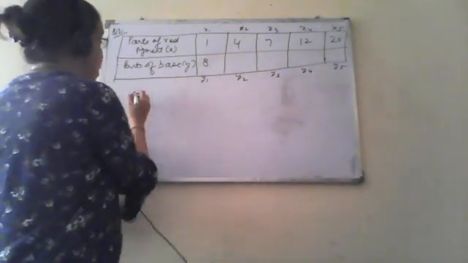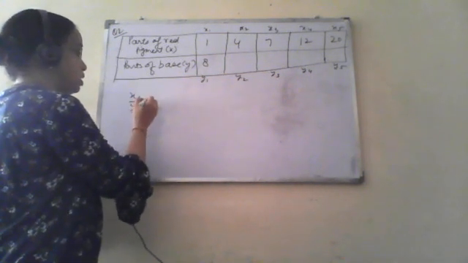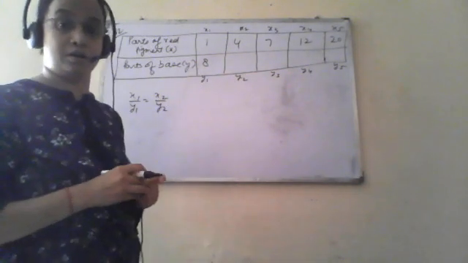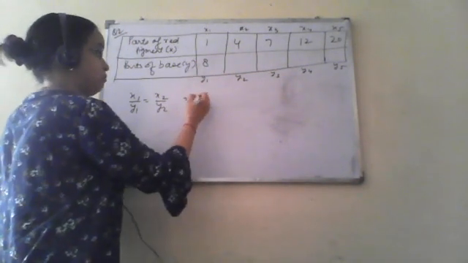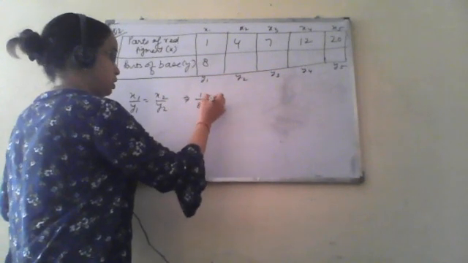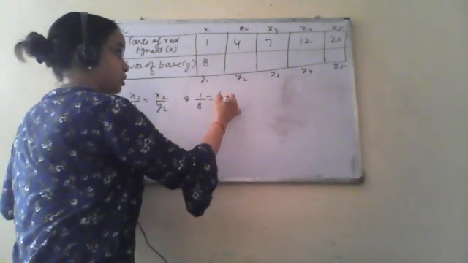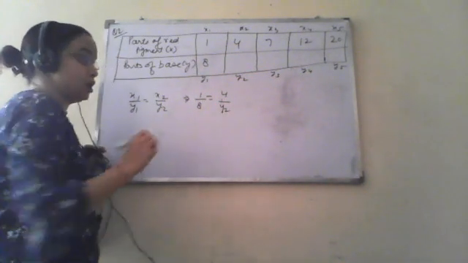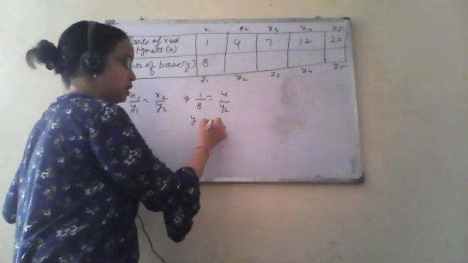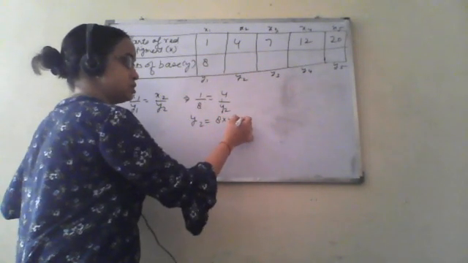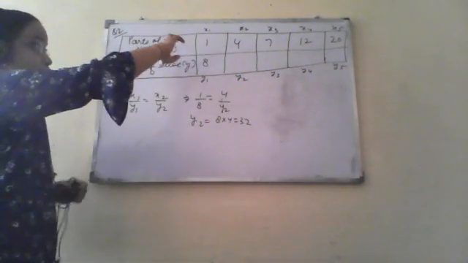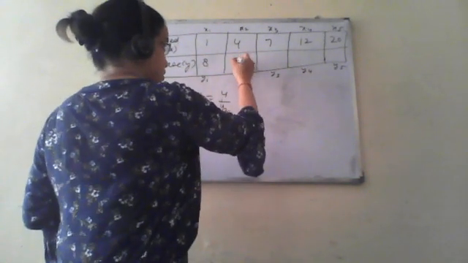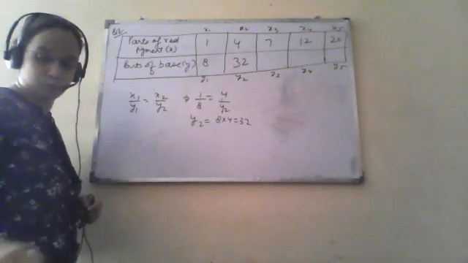Clear? Now we have x1 upon y1 equals x2 upon y2. This I have been repeating so many times. So it will become 1 upon 8 equals 4 upon y2, which we have to calculate. By cross multiplication y2 will become 8 into 4, that is 32. So for 4 parts of red pigment, parts of base required will be 32. Clear?